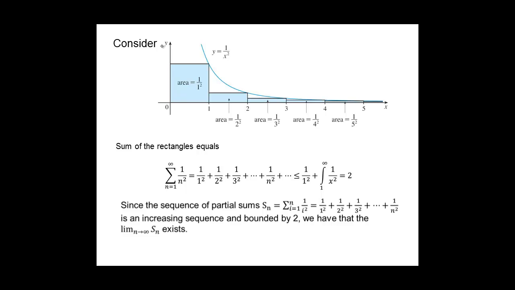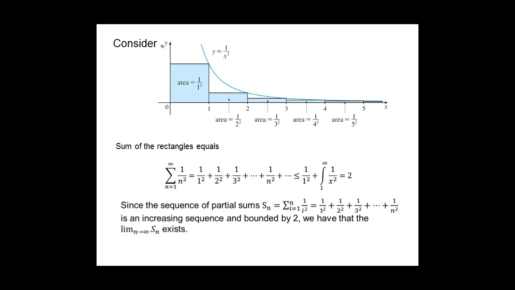Now I'm going to separate the first term and just concentrate on the remaining terms. The remaining terms give you the total area of the rectangles to the right of 1, these rectangles here.